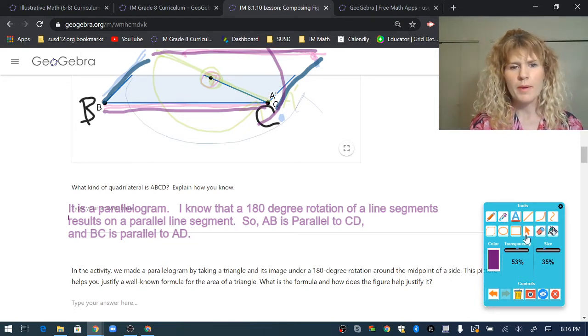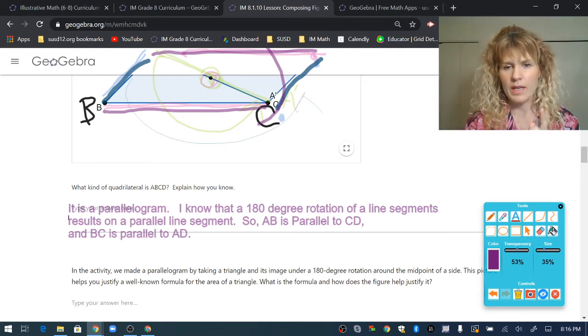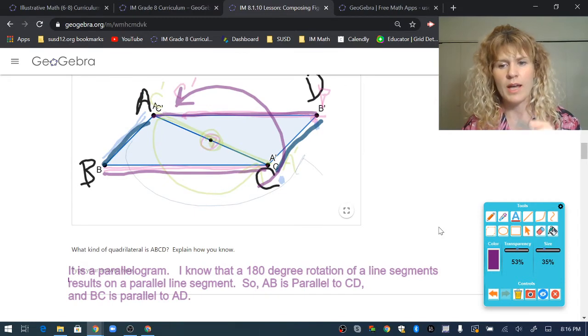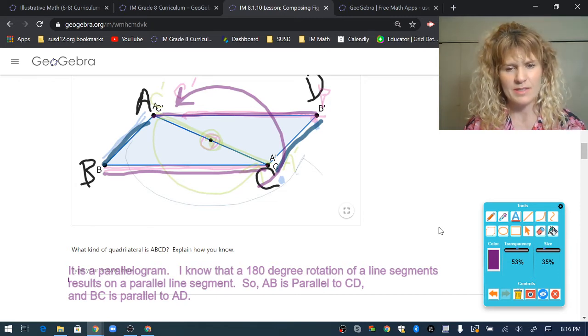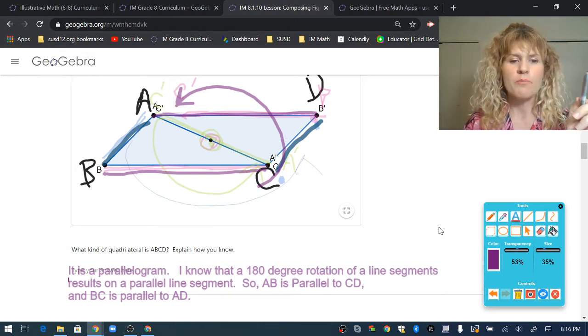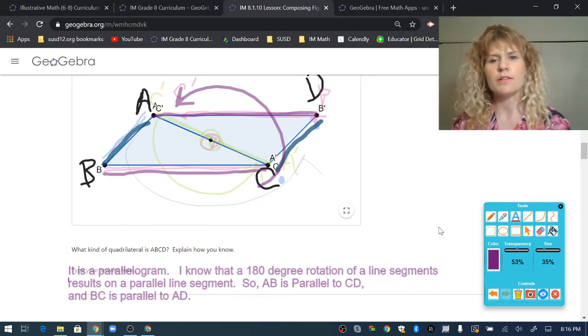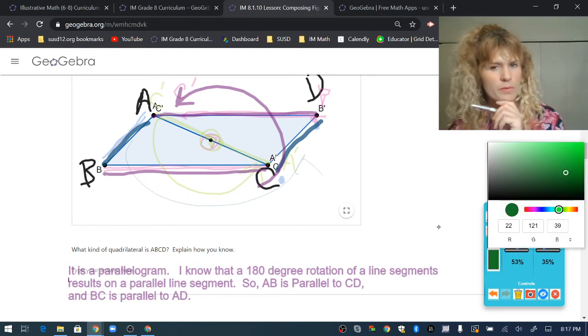It is a parallelogram. I know that a 180 degree rotation of a line segment results in a parallel line segment. So AB is parallel to CD and BC is parallel to AD. Should I review it one more time?